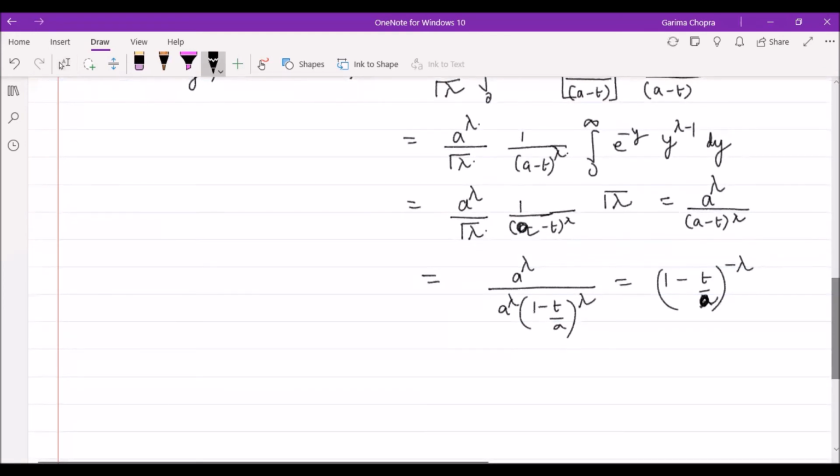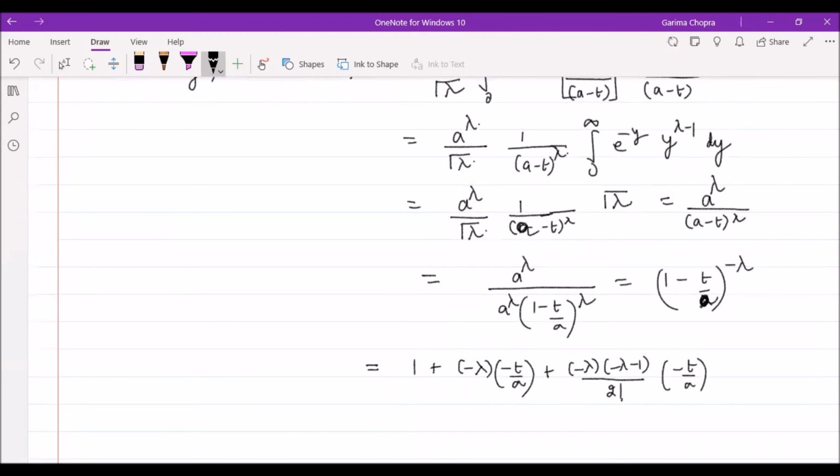If we find out, the series will be 1, then we have minus lambda, then minus t by a. The next term will be minus lambda, then minus lambda minus 1, 2 factorial, and minus t by a raised to power 2.